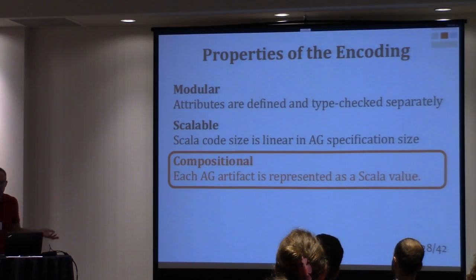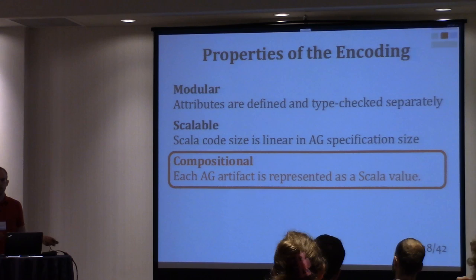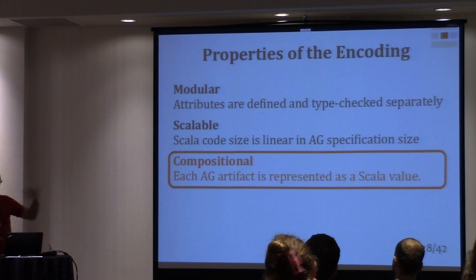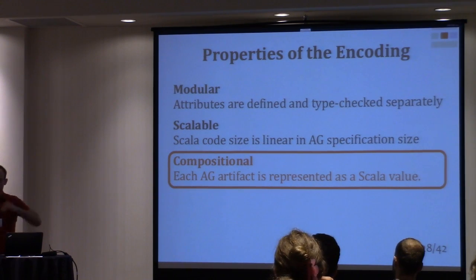All the things you would expect as a programmer, but which is actually not per se available in attribute grammars. And we get that for free, just because it's encoded in a decent language. Okay? And it's encoded in such a way that the meaningful things from the input are actually first-class entities in the output. So if you do encoding, try to do it like this, because then you get these things for free.